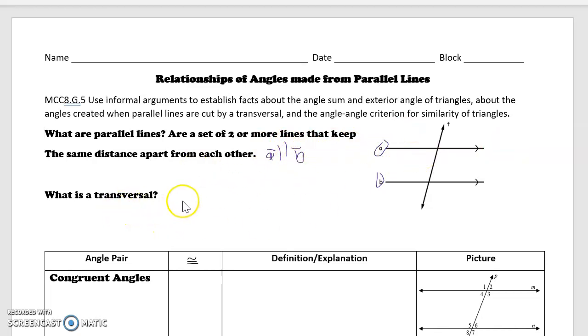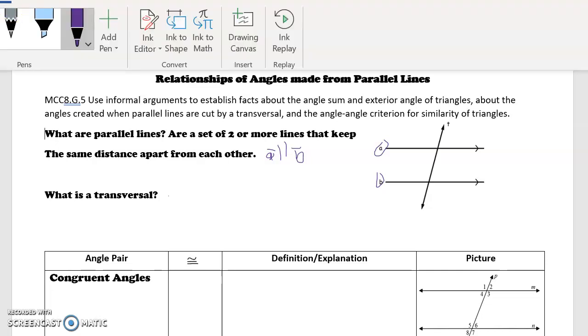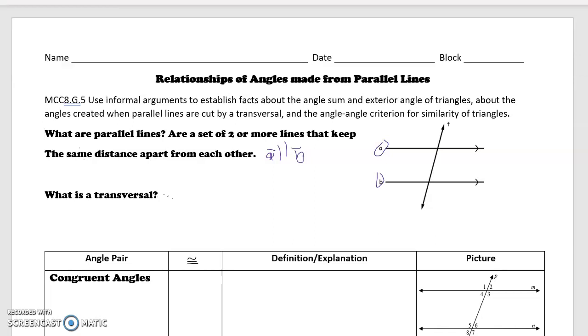Okay, what is a transversal? All right, the teacher's going to pause, give you guys an opportunity to think about and to say what you think a transversal is. All right, what is a transversal?